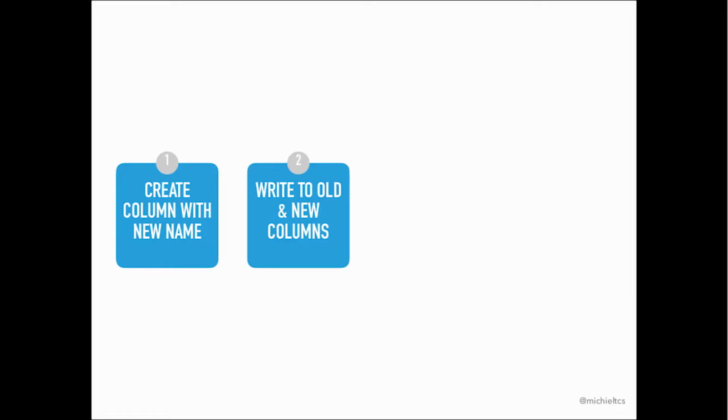The first step is we create a column with the new name. So we don't rename, we add. We always add. And then we start writing to both the old and the new columns. So any write that previously was to write to the old column, it's also going to write to the new column. So we're going to duplicate that data.